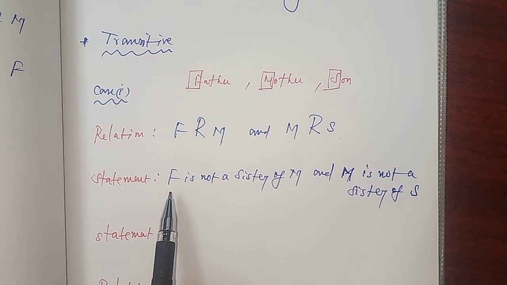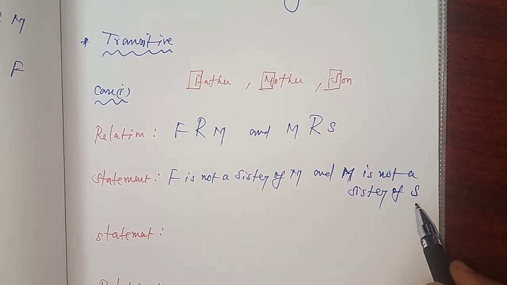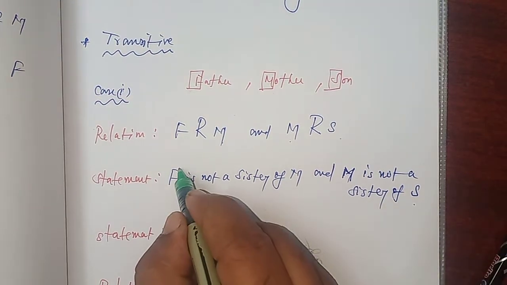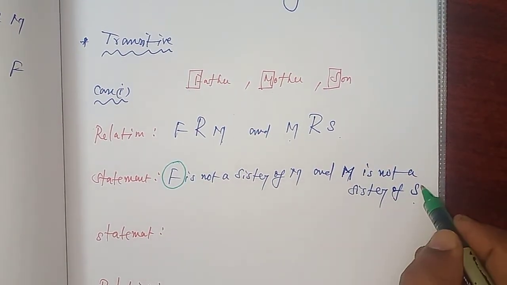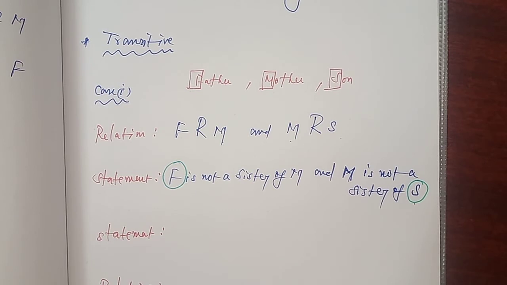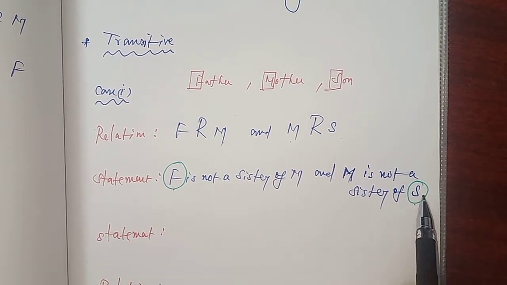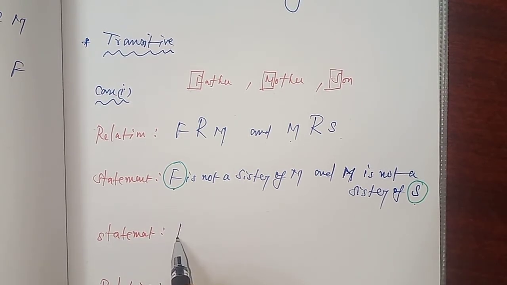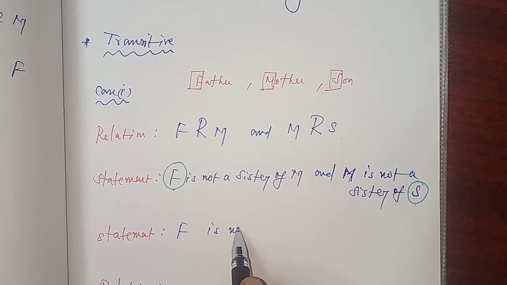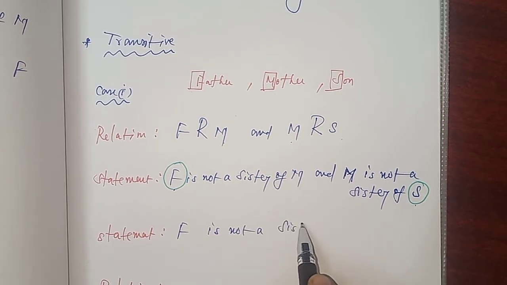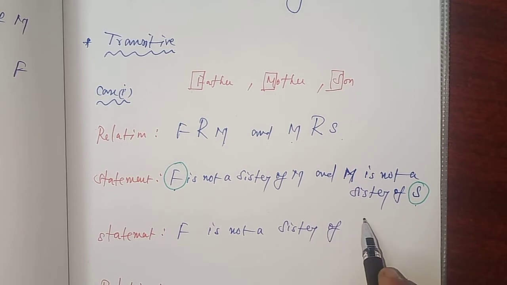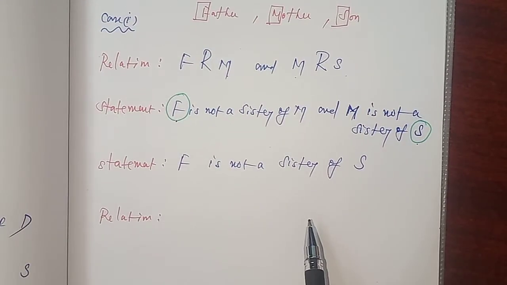Now here it starts with M and ends with S. F and S. We have to write F and S. Statement please. F is not a sister of S. Correct only, no?